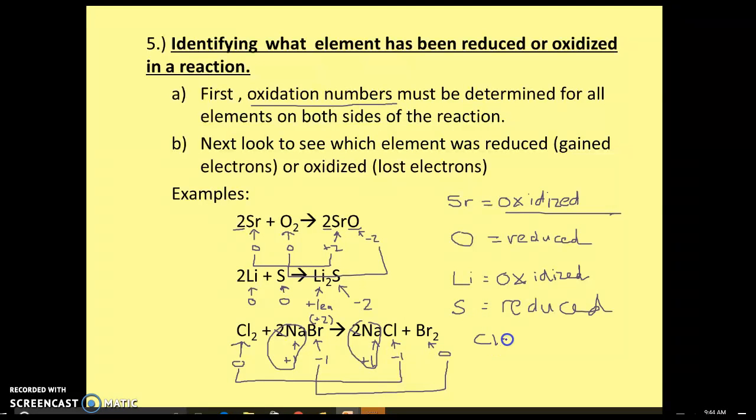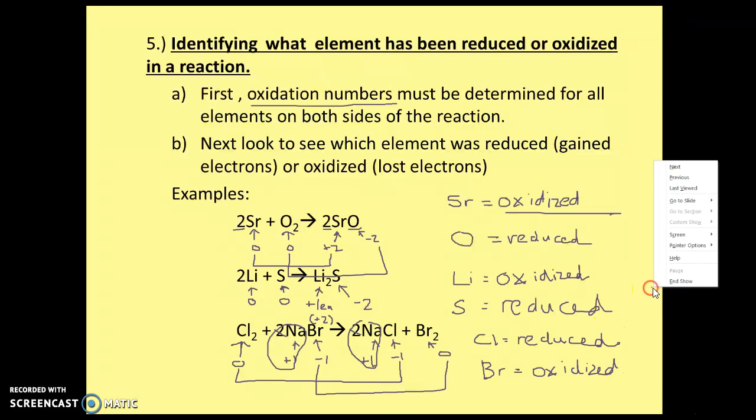So I'm going to start with chlorine. We say it went from 0 to -1, so it was reduced. And then bromide went from -1 to 0, so its number went up. It was oxidized, it lost an electron.